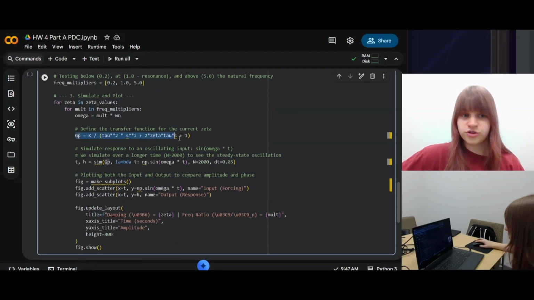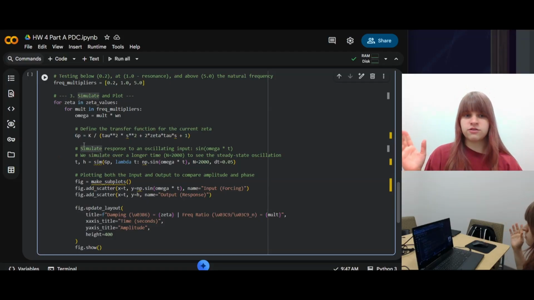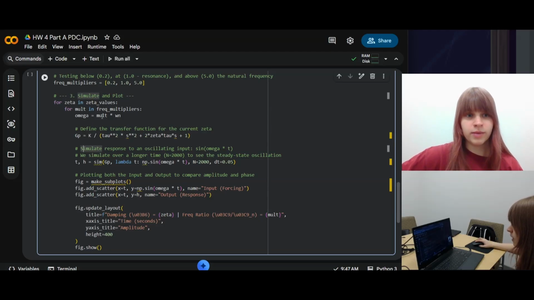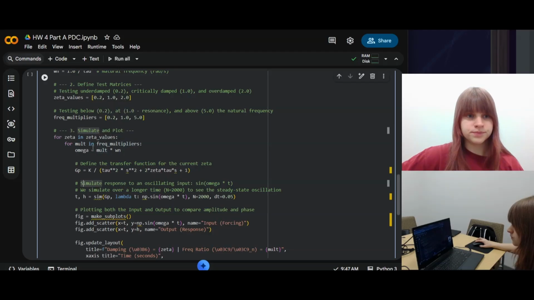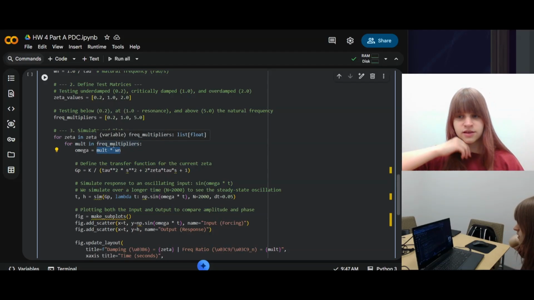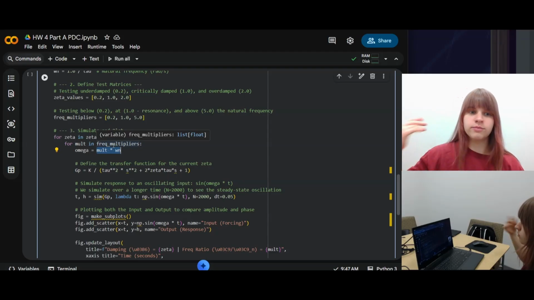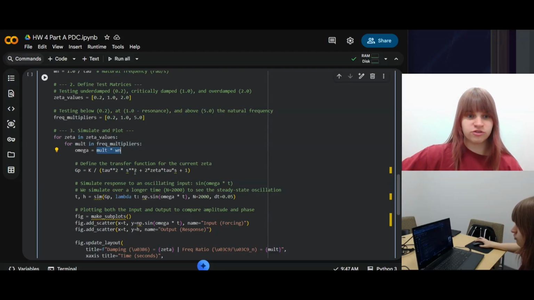This is our transfer function, and we wanted to simulate the response to an oscillating input, so we just did sine of omega times t. Remember, the omega is our multiplier times the natural frequency. So that's how we are testing below, at, and above the natural frequency.